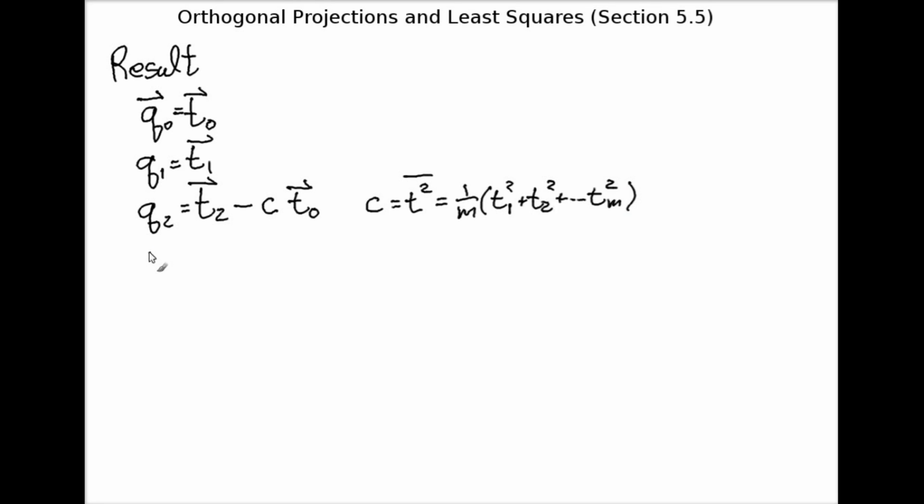And I'll just write down one more. q3, it turns out, is T3 minus T to the fourth bar over T squared bar times T1, where T to the fourth bar is similarly the average of the fourth powers.